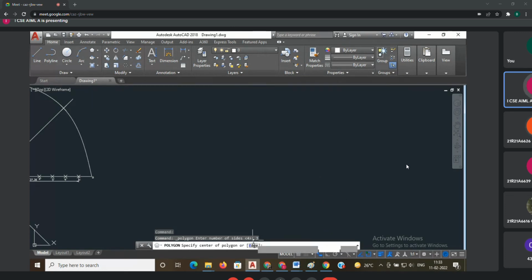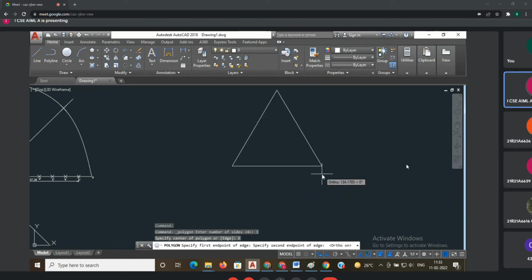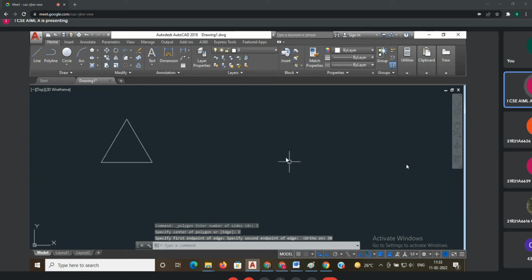Just go with the edge method. Select edge method, it is available in the command prompt. Pick the point and give the value. Suppose it is 30. Your triangle is 30, polygon.